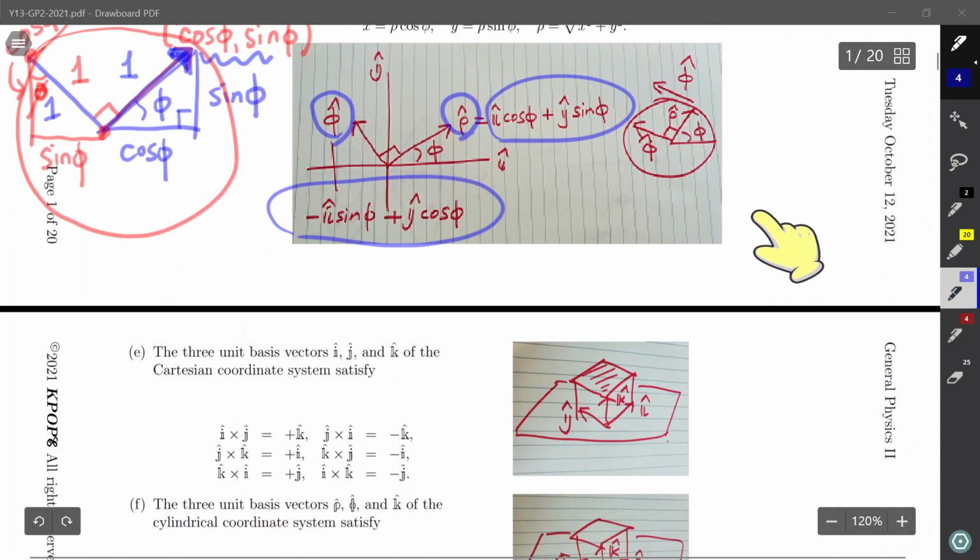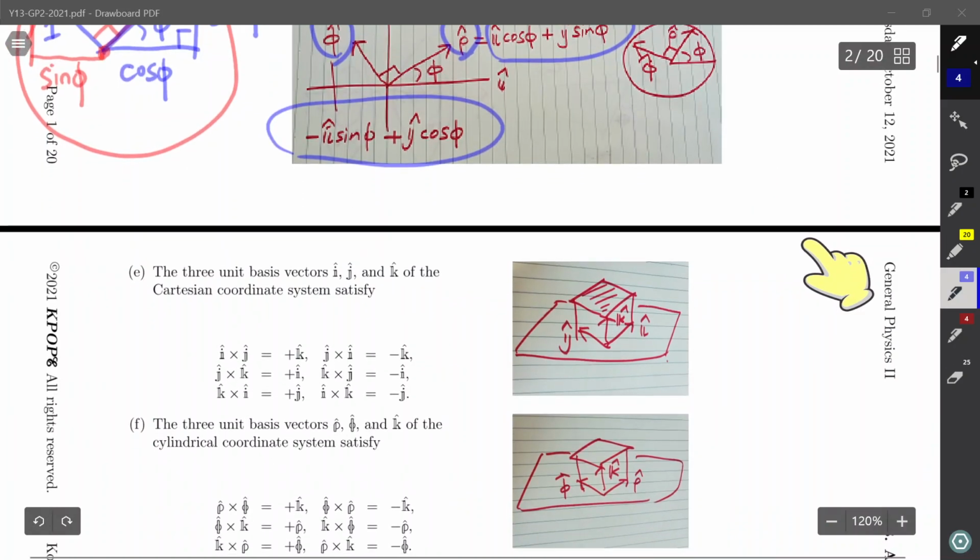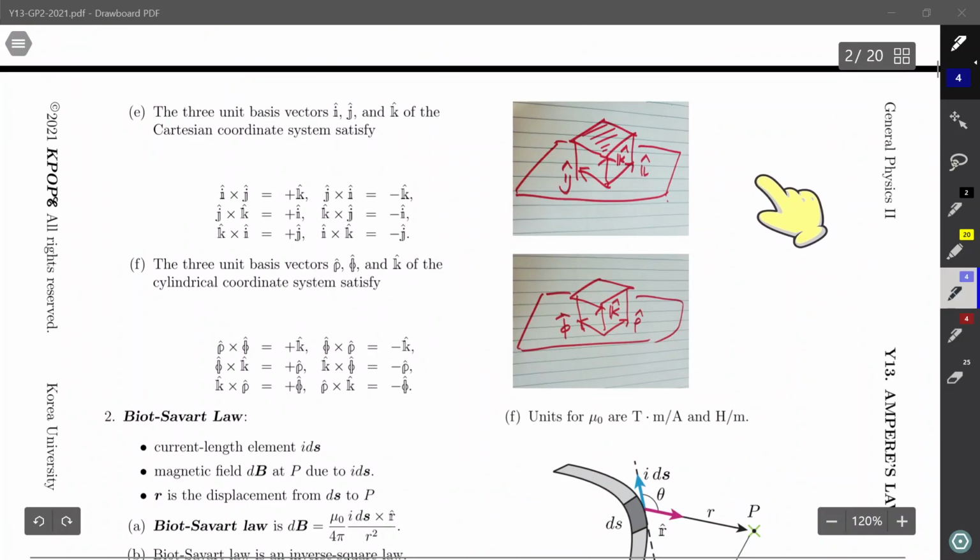In the calculation of the magnetic field, we frequently compute the cross product, so we review cross products.